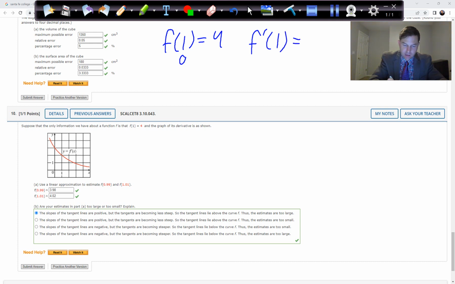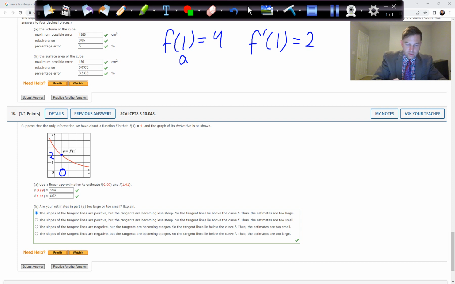So notice we have to have a equal 1, otherwise we can't really do this problem. If a is 1, then f prime of 1 would be the value at this point when x is 1. The y value, if you read it off here, is 2. So f prime of 1 is 2.